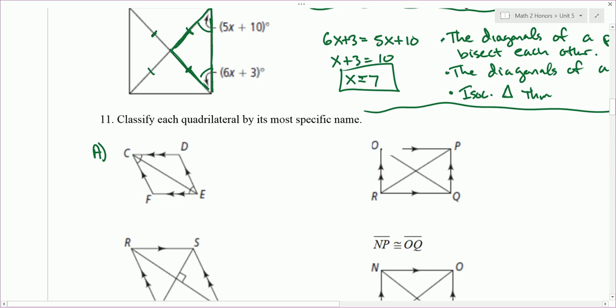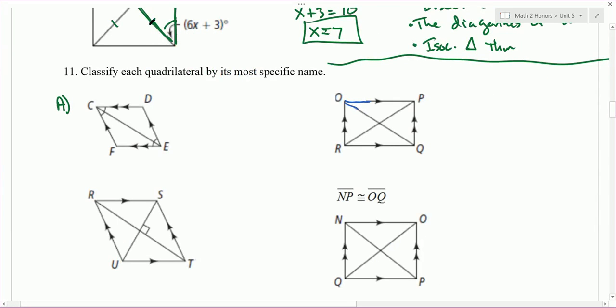But we also have a diagonal that is bisecting the angles. So in this one, obviously we have congruent angles there. If I draw my other diagonal, though, is there anything that tells us that that diagonal bisects opposite angles?